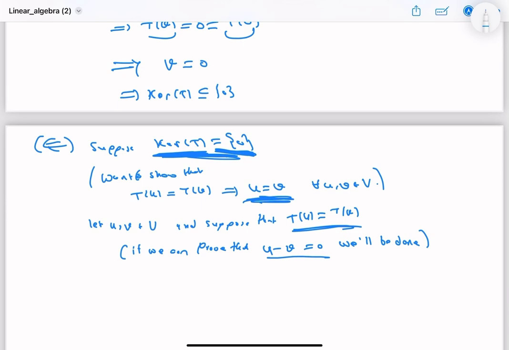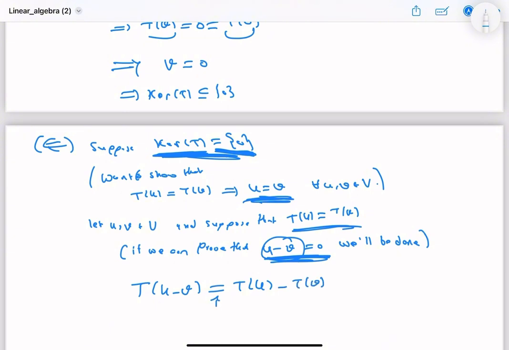We have the property that if a vector is in the kernel, then it has got to be 0. So let us check if this vector is in the kernel. This vector here is in the kernel, because if it is in the kernel, then it has got to be 0, and we'll be done. So T of U minus V, let's check if this is 0, and thus it's in the kernel. It's equal to T of U minus T of V.